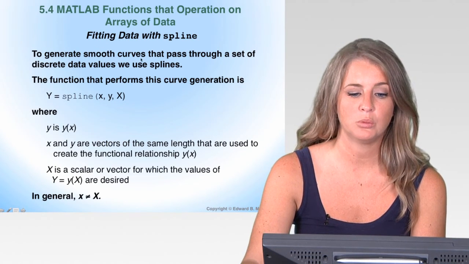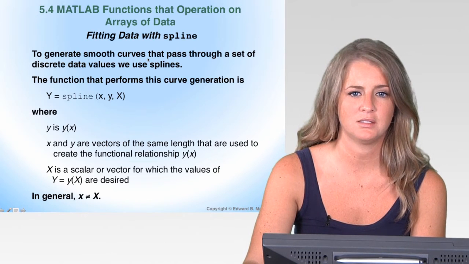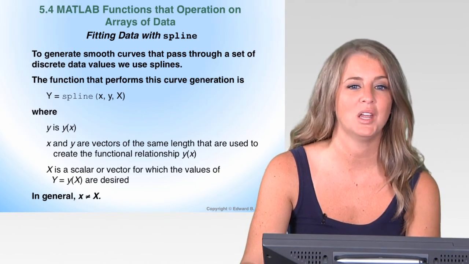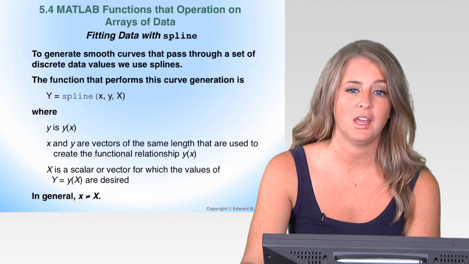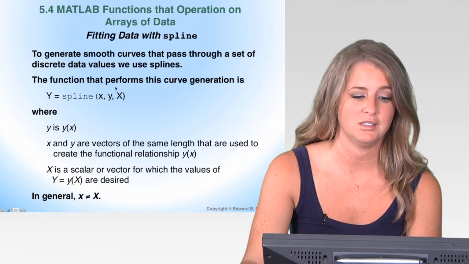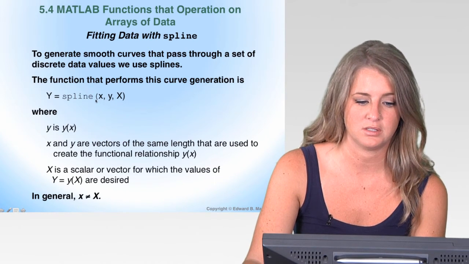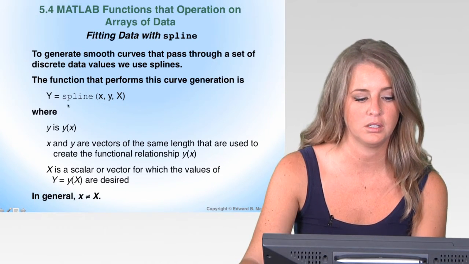So to generate a smooth curve that passes through a set of discrete data values, we use splines. The function that performs this curve generation is spline(X, Y, x). So these are just, again, the general form that you would use.